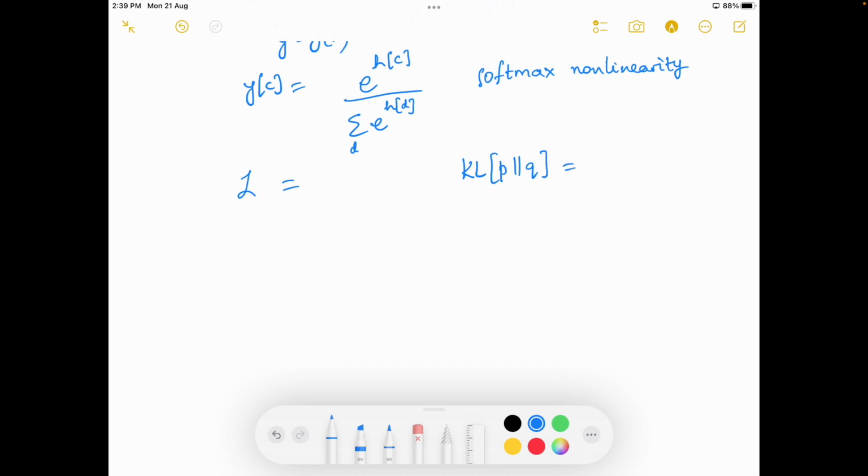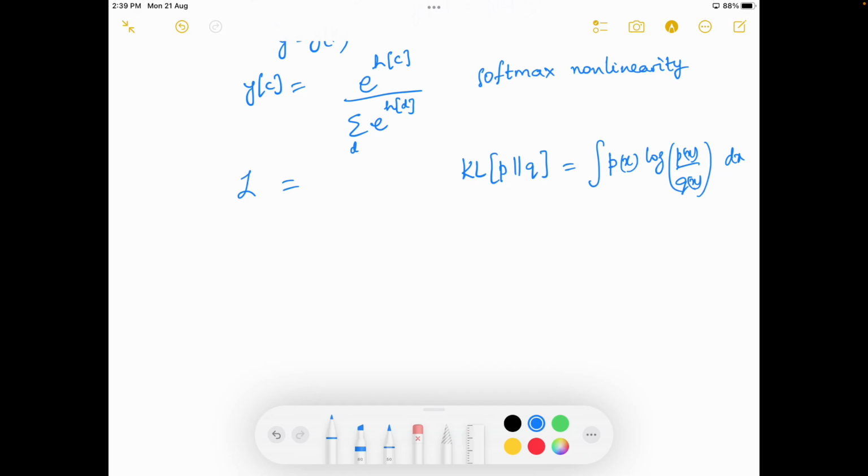Okay, so what is the KL divergence between two distributions P and Q? This is equal to the integral of P of x log P of x over Q of x. This is the KL divergence between P and Q if the random variable x is a continuous random variable.